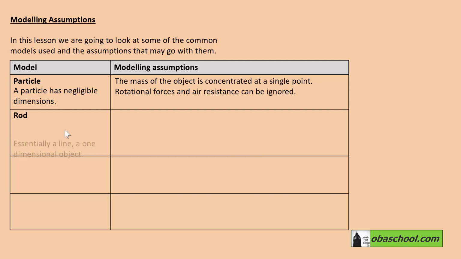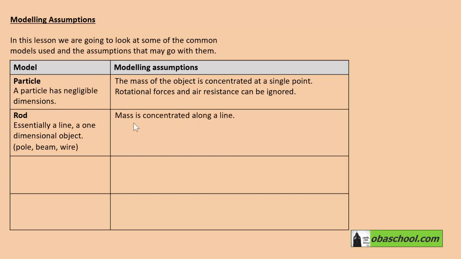A rod. Essentially, a rod is a line or a one-dimensional object. You sometimes see pole, beam, or even wire sometimes as a rod. The mass is concentrated along a line. It has no thickness. If rigid, it will not bend.